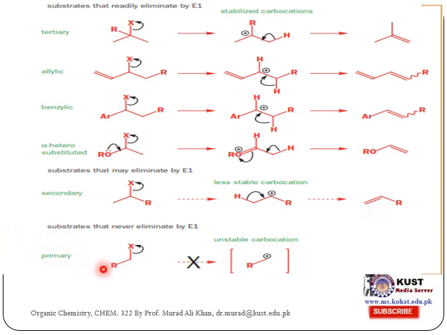The primary halides are the substrate that will never undergo E1 reaction, because primary carbocations are less stable and do not exist independently. The formation of a carbocation is least possible, so the E1 reaction will never occur in the primary halides.